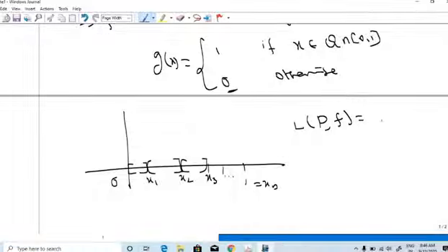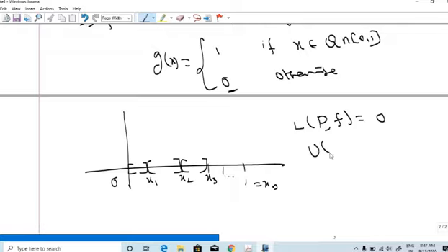Therefore, it's always 0. So what is U(P, g)? It is the upper sum, and this capital M is always 1. Therefore, we get 1. Now, if we take the supremum of all L(P, g) over all partitions, each interval contains a rational number, so its corresponding value is 0.